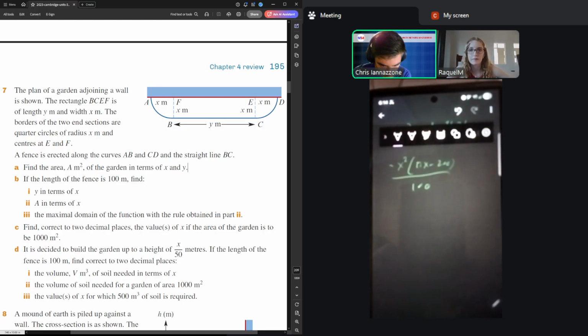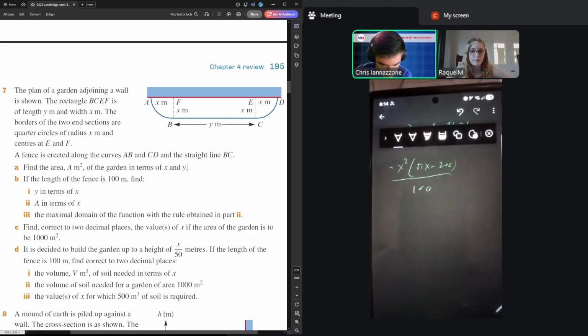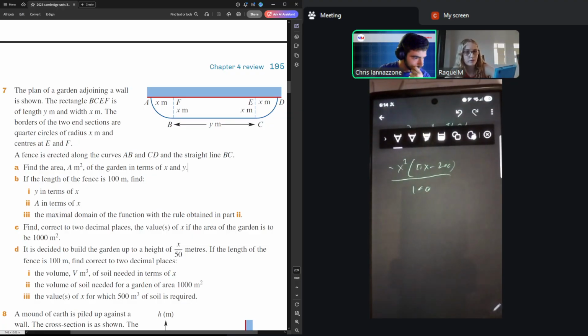Let's make that not blurry. Come on, focus. Yes, okay. So let's check the pi x term. Negative x cubed pi would be fine, all over 100. Did I have it as 2x squared minus pi times x cubed over 100?